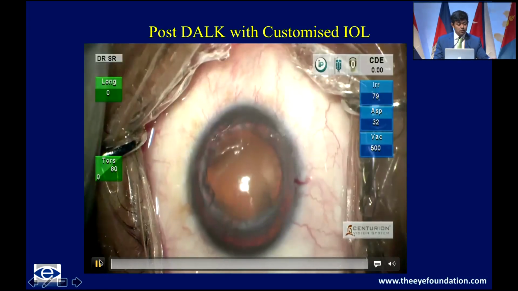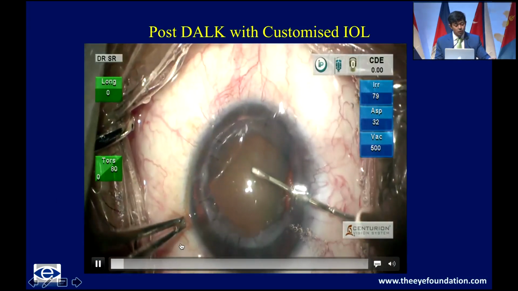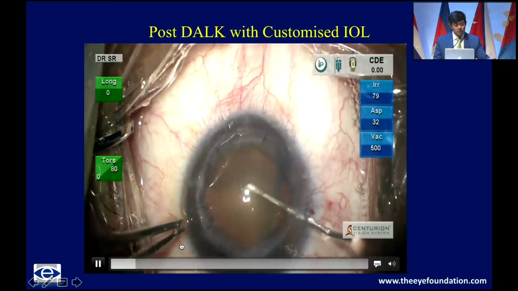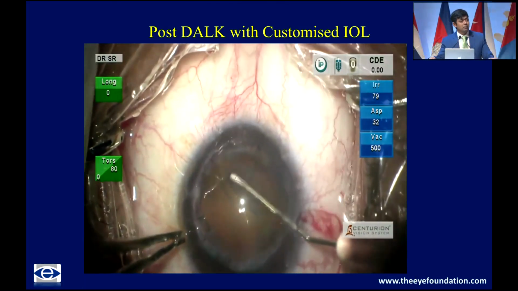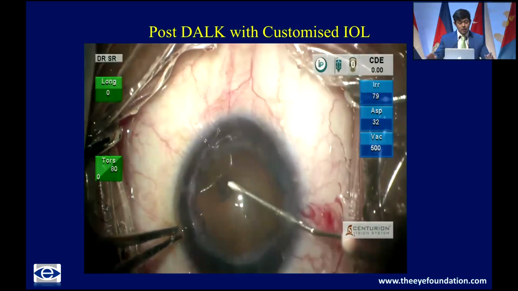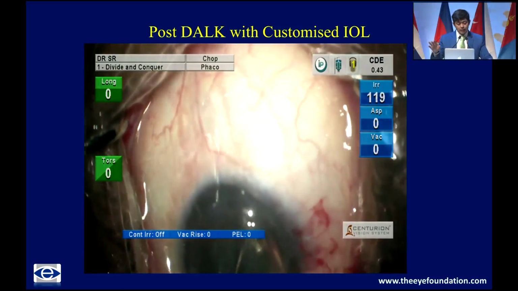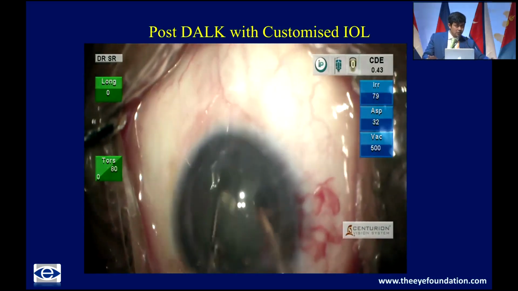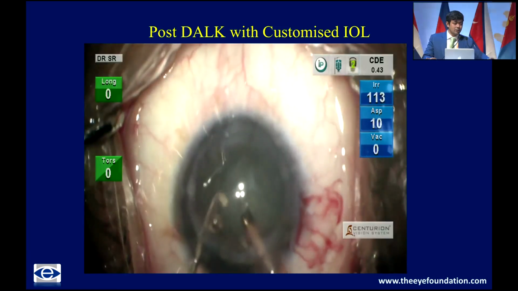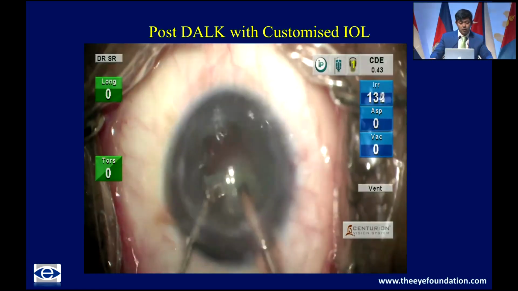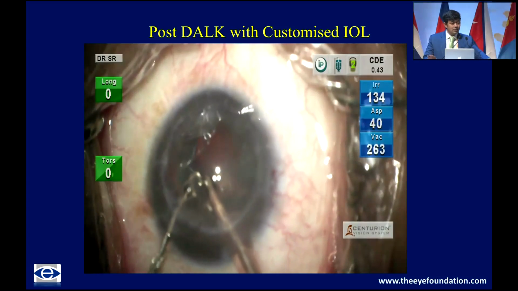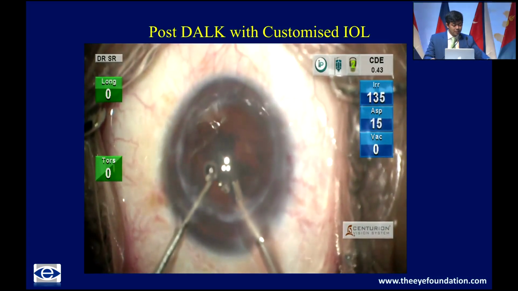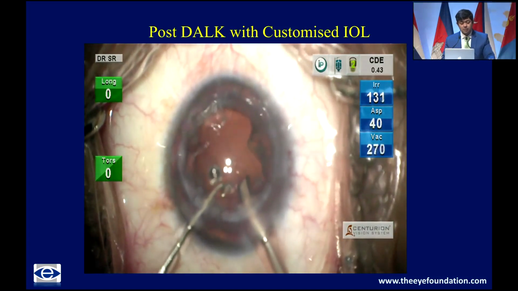Very advanced keratoconus with significant scarring, you would want to do a DALK first, and once the patient has undergone DALK and a time period of 6 to 12 months has elapsed, suture removal has been done, and the patient has a stable and repeatable astigmatism and stable, repeatable topography, you can then go ahead with the cataract surgery.